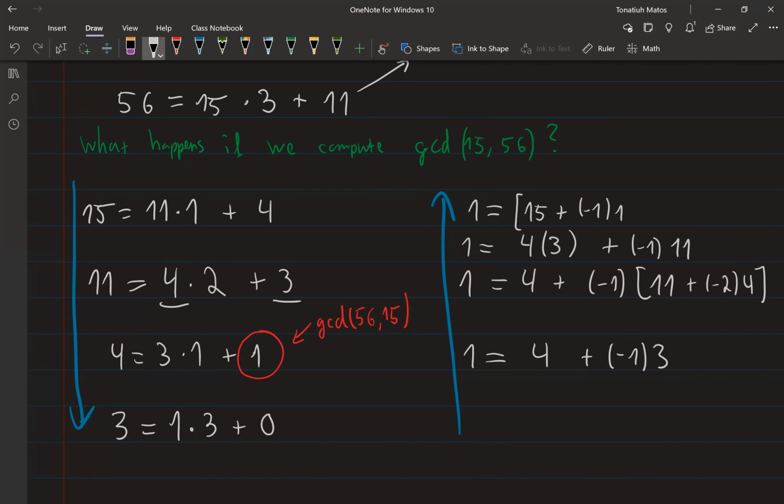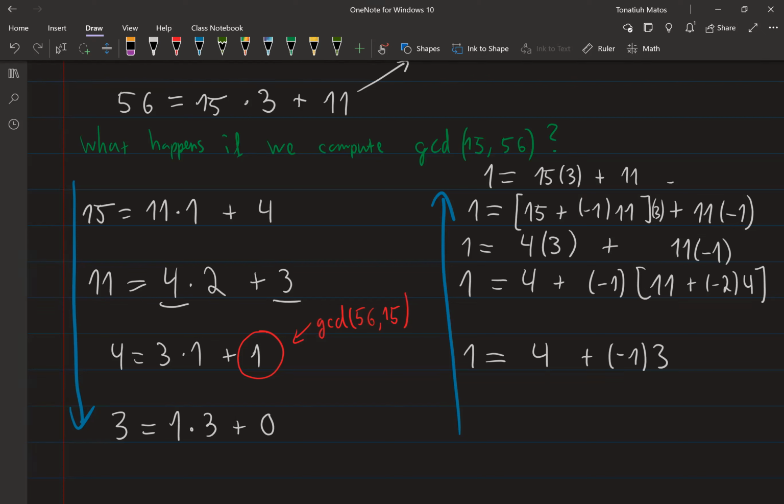Now everything is written in terms of 11 and 15. So let us simplify. So how many copies of 15? Did I miss a 3 here somewhere? That one, right? So I have 15 times 3 plus -3 plus -1 is -4. Now, can someone please verify if this still makes sense? I have -44 and 45. Okay, they still add up.